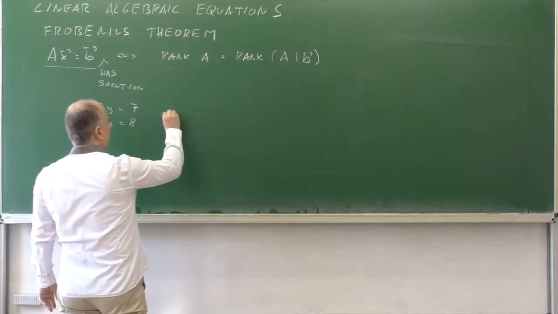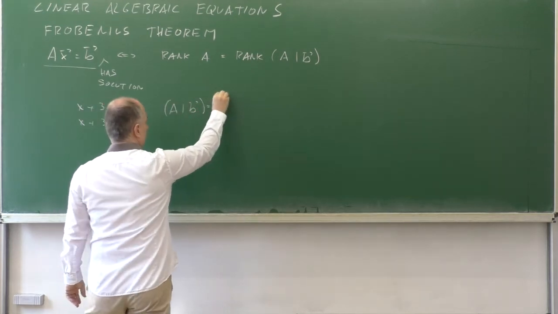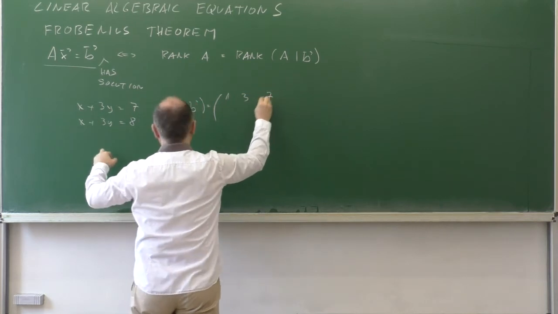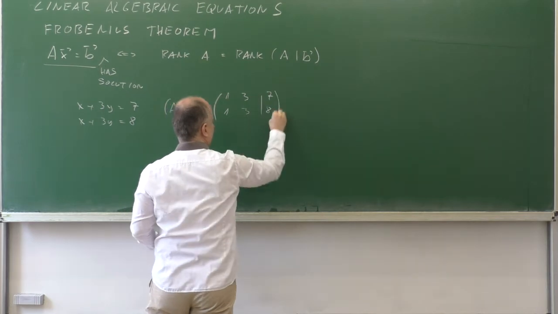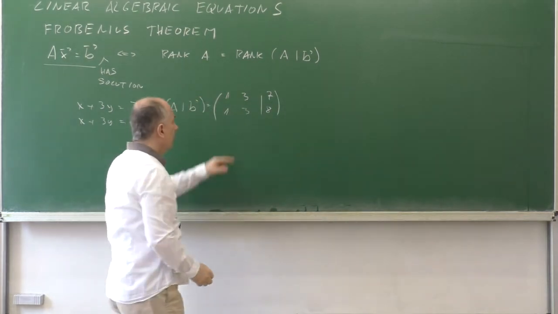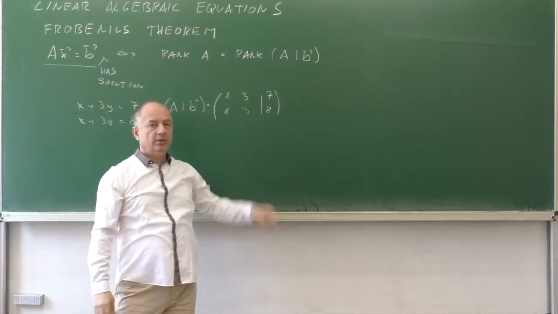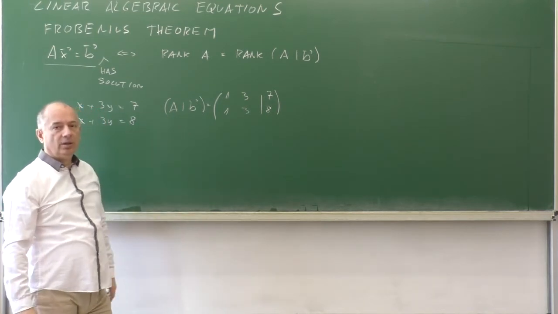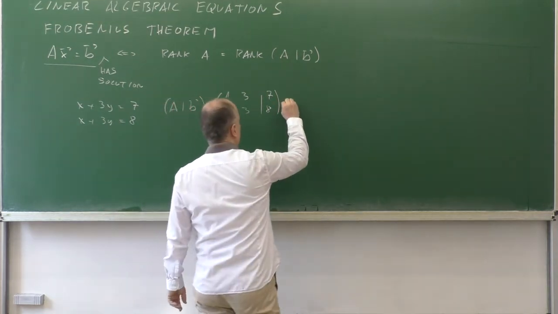So if we write the augmented matrix, then we have 1, 3, 7, 1, 3, 8. And to find the rank of both the matrix and the augmented matrix, we can operate on this as a whole, and we want to use Gauss elimination to bring the matrix to the upper triangular form.